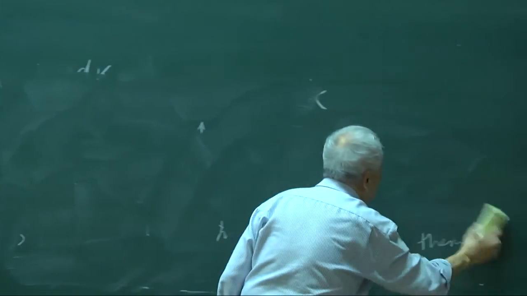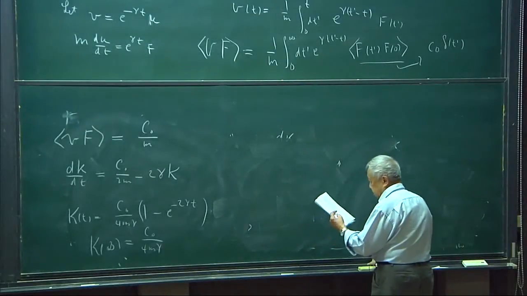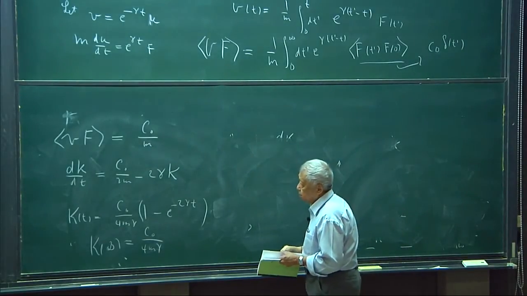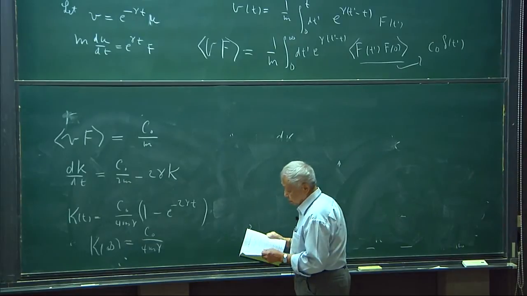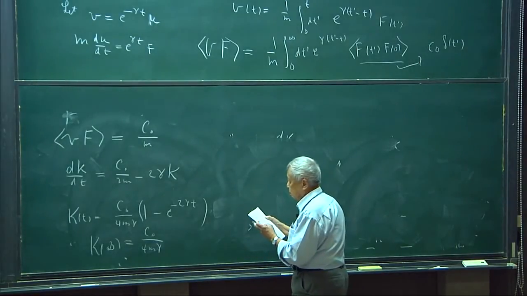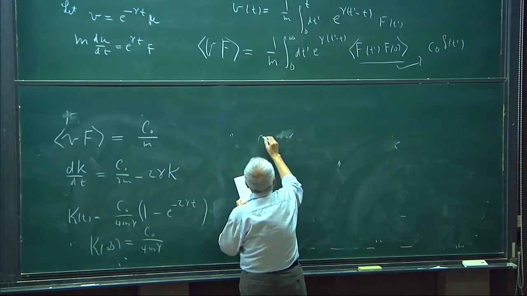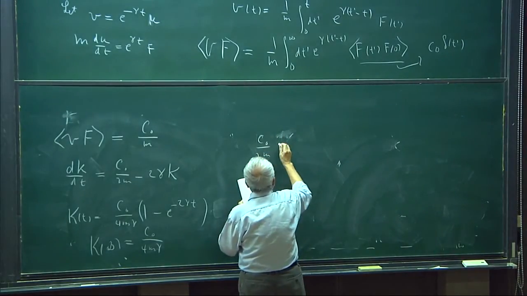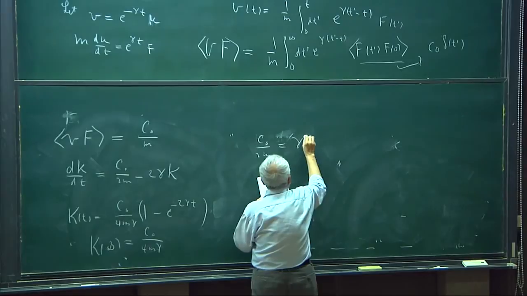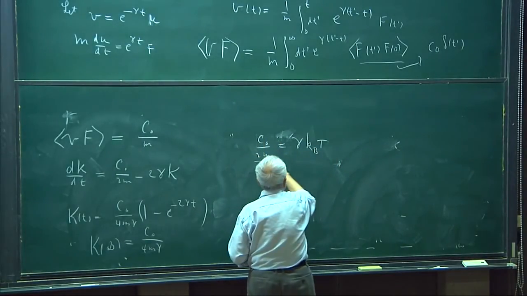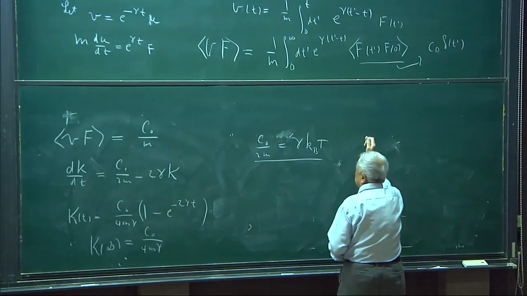So substituting into our previous statement, you will find that C0 over 2m is equal to gamma kB T. And this is the fluctuation dissipation theorem. We derived it this way.